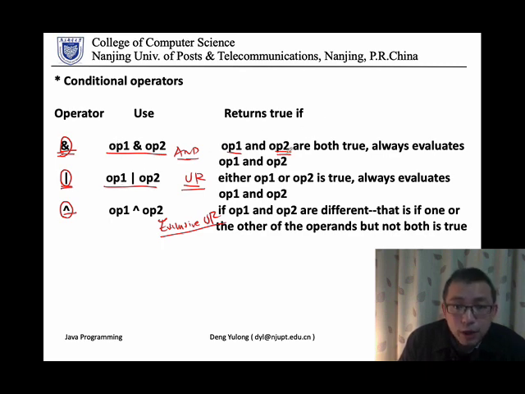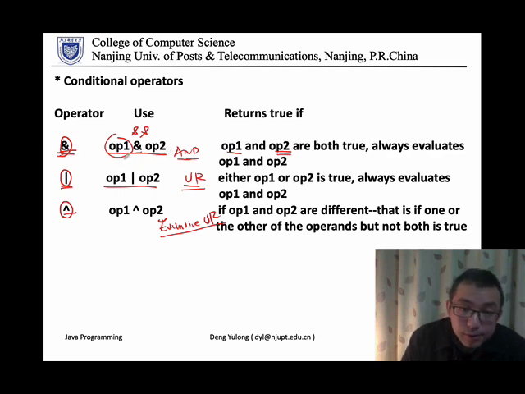So in this situation, if the first operand is false and we use the single ampersand, the second operand will be evaluated. It's different from the double ampersand. With double ampersand, if the first operand is false, the second operand will not be evaluated. But with single ampersand, the first operand is false and the second operand will be evaluated.